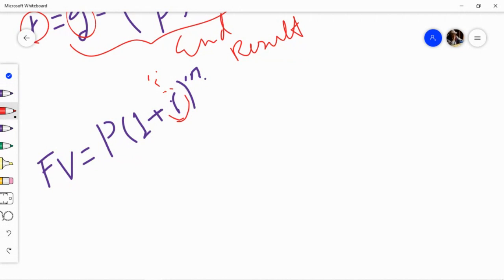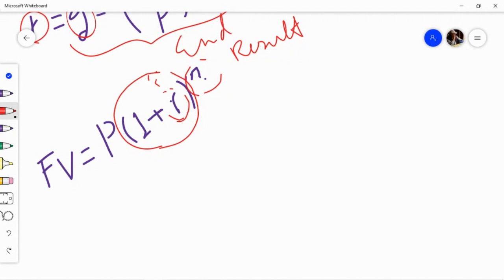Because it's inside this parenthesis, and on top of all that, it's raised to n. So it's like in a cage, and then there is a padlock on the cage, right? So you must first unlock this padlock. You must unlock the cage.